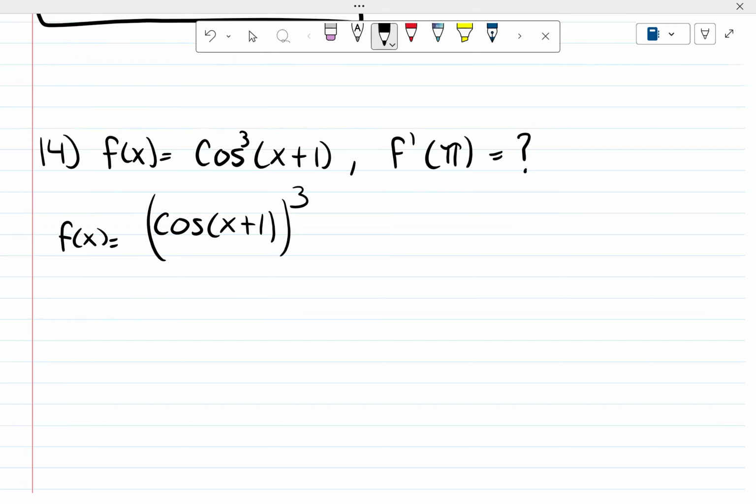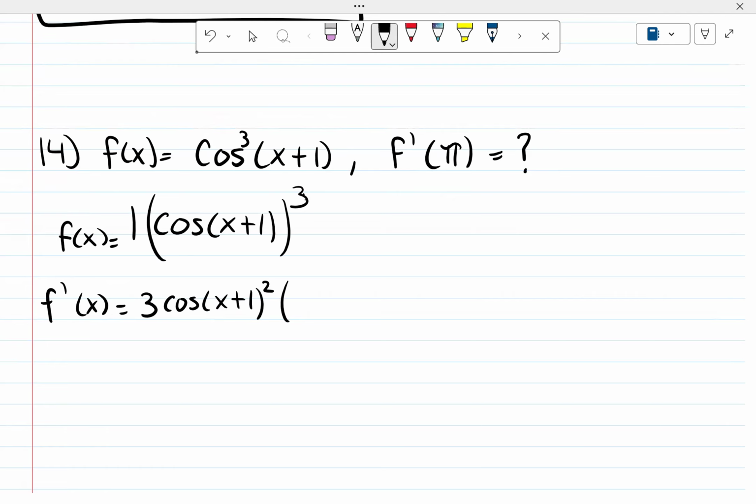So how do you take the derivative of this? You just use power rule and chain rule. So start with the power rule. So 3 times this has a 1, so 3 times 1 is 3. Then it's going to be cosine of x plus 1 squared.